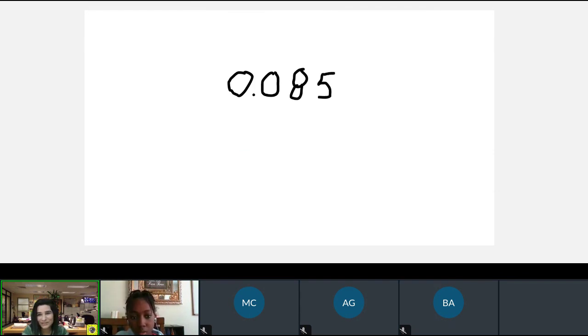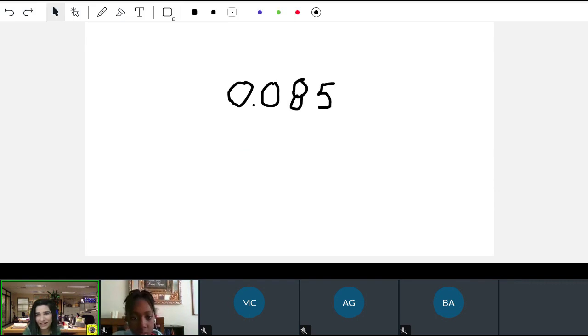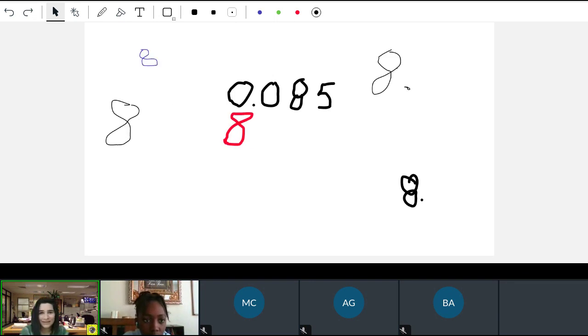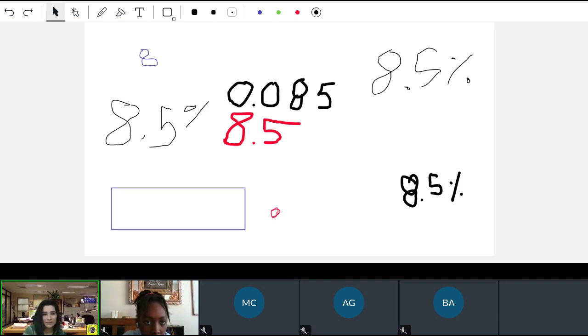The whiteboard is now open for you. Write on my whiteboard and tell me how much percent is 0.085. Okay, I will only mark green for the correct ones. If I don't see correct ones, then that will be a little problem.